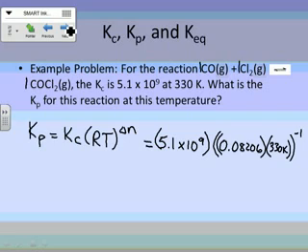So then when we multiply all this together, be careful with your order of operations here. I would multiply this part together and take it to the negative first power first, and then multiply it by the 5.1 times 10 to the 9th.